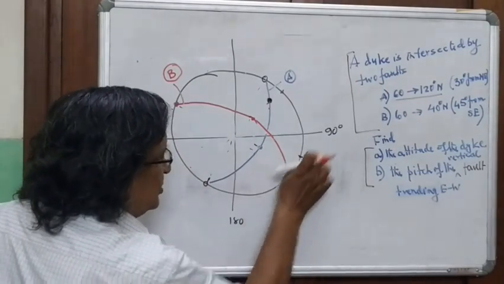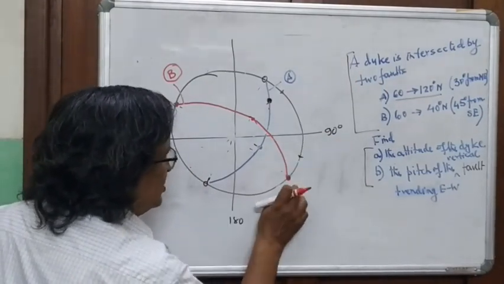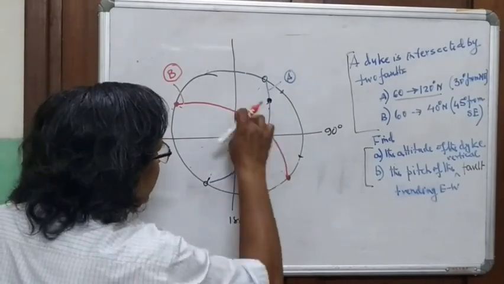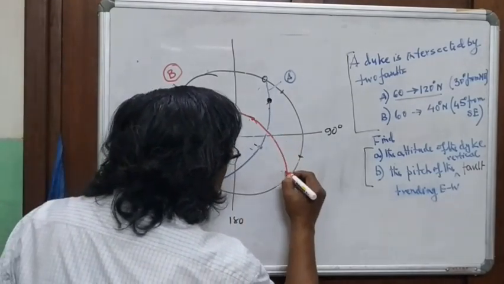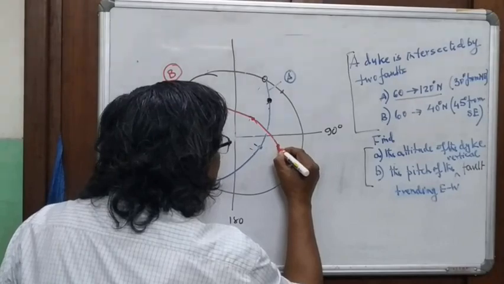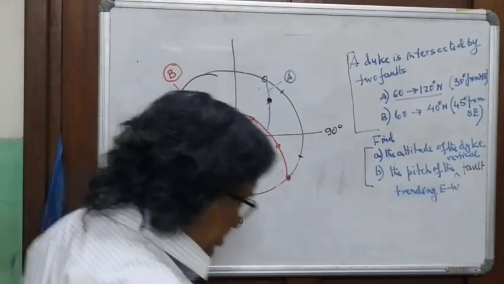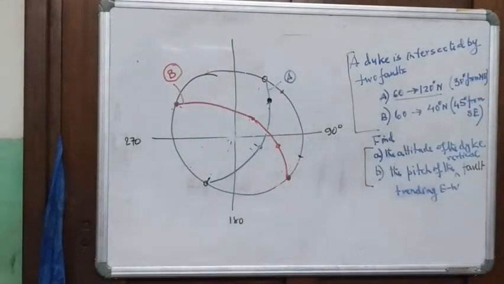So this is southeast, this is east, this is south. Here it is 90 degrees, so 45 degrees should be here. So this is 45 degrees.